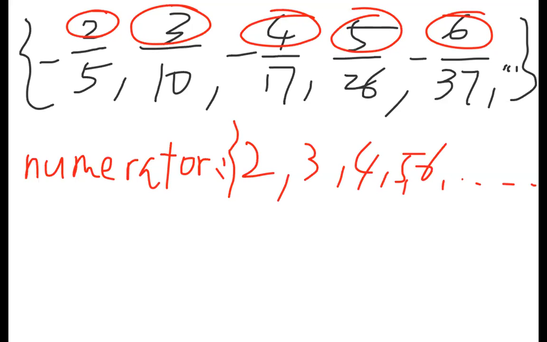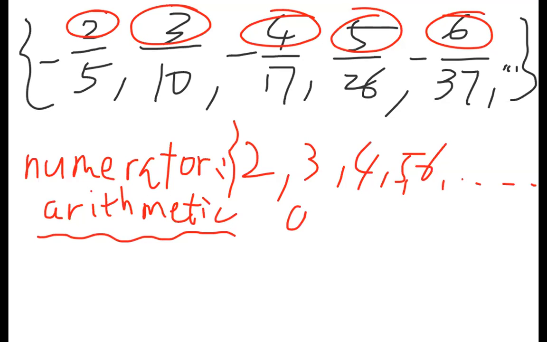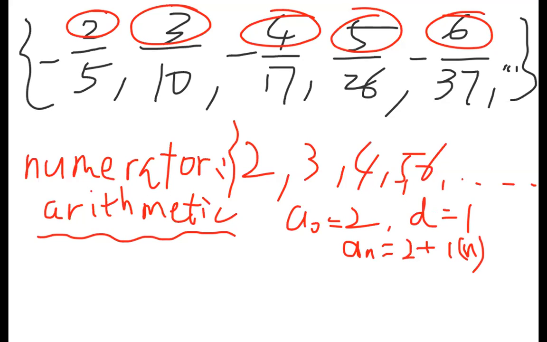So this is an arithmetic sequence with the starting term 2 and common difference 1. So now we can have the general term for the numerator, 2 plus 1 times n, which is 2 plus n.